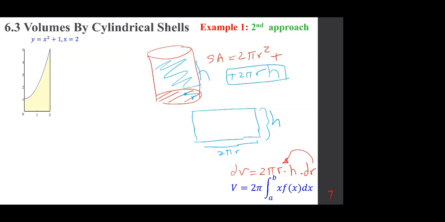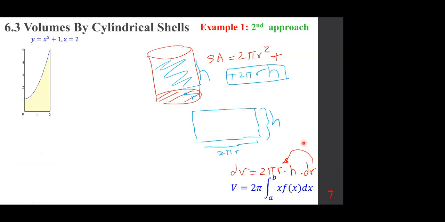And that thickness we're going to call dr, which multiplied by this part creates a volume for that thin piece. Add them up, and it becomes the volume. Let's explain that with a little bit more detail.